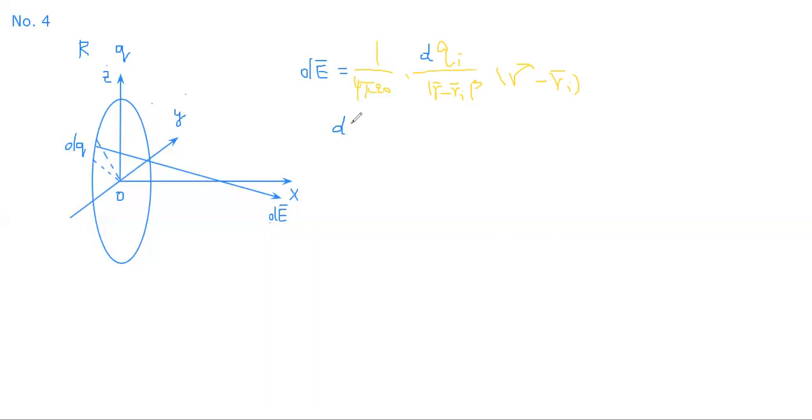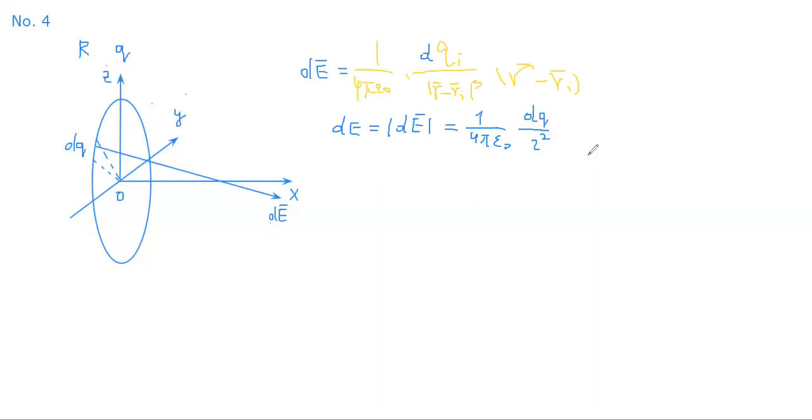So we can write that dE is the same as the modulus of dE, and it will be 1 divided by 4 pi epsilon 0, dq divided by r to the power of 2.